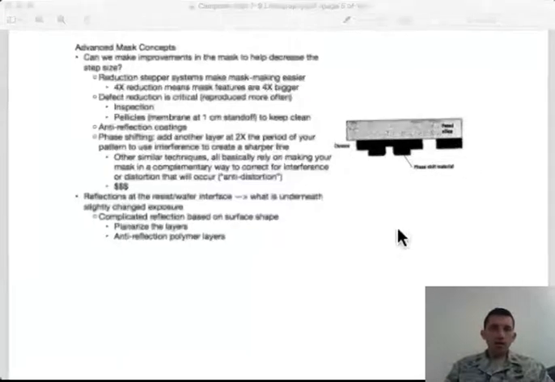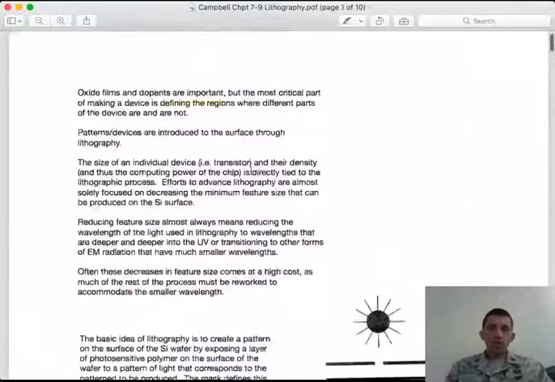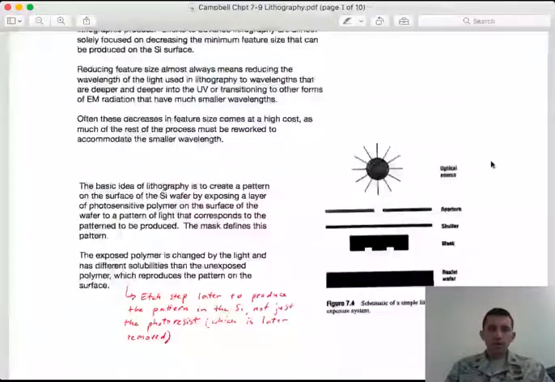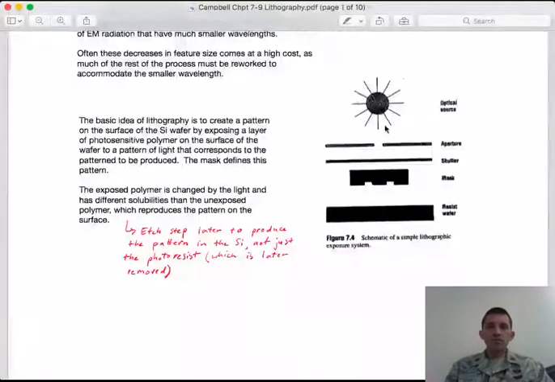Okay, so I'm pretty much out of time. The main idea here is that we're talking about using light that's as small of a wavelength as possible to shine through a mask that has regions of opaque and transmissive material to reproduce the pattern on the surface, right?